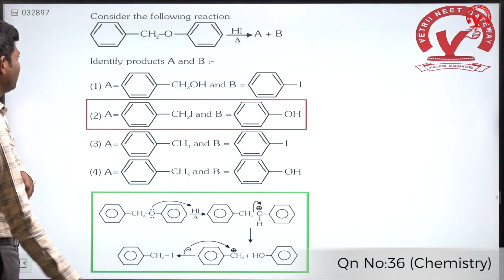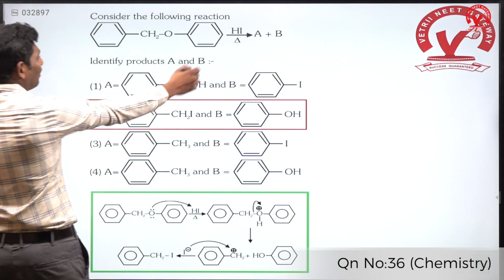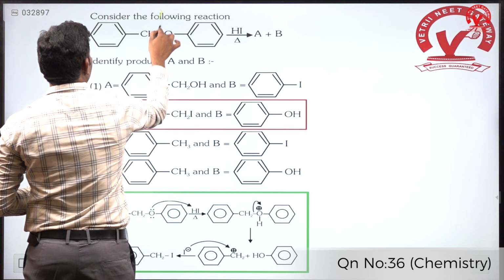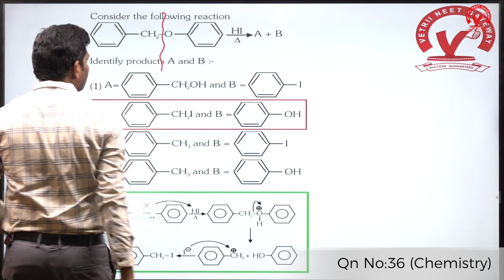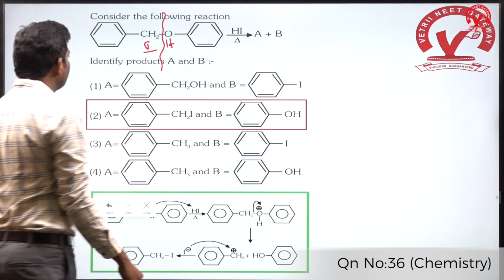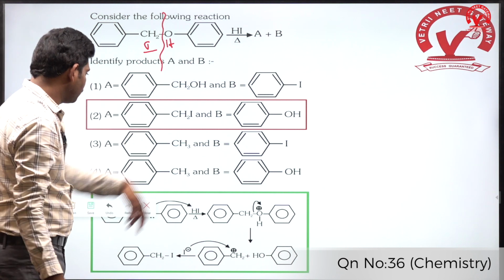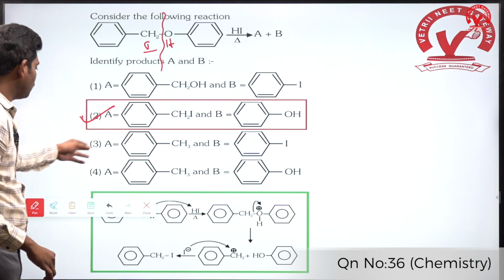This one you can check. Consider the following. It is an ether. The easiest way is to follow like this: one side H, one side I. Simply you can check it. Where is the OH? Yes, it is option 2. But if you want the mechanism, follow this.